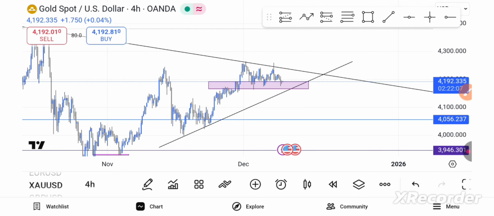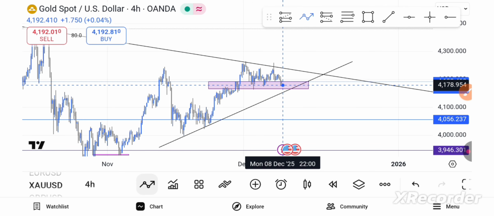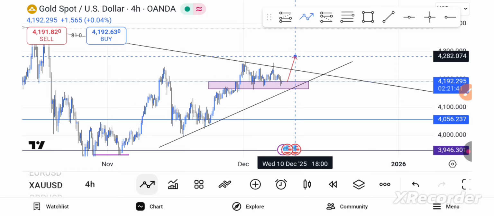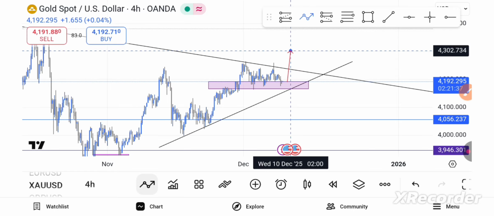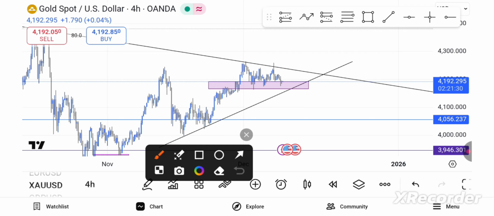So if the market fails to give us a bearish shift of structure heading south, we expect the market to have a break or a shift of structure to the upside, then coming back to our point of interest and expecting it to head to the upside.